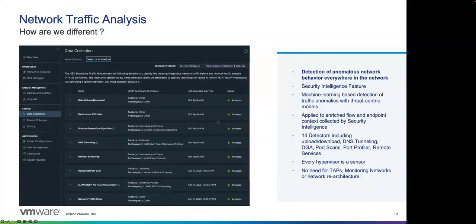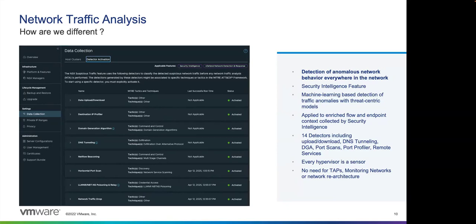So network traffic analysis, how is it different? It detects anomalous network behavior everywhere in your NSX network and beyond, depending on whether you're using bare metal or not. It uses security intelligence features, with machine learning applied to the enriched flow and endpoint context collected by security intelligence. Again, we're using the same enriched flow data that we get from security intelligence.